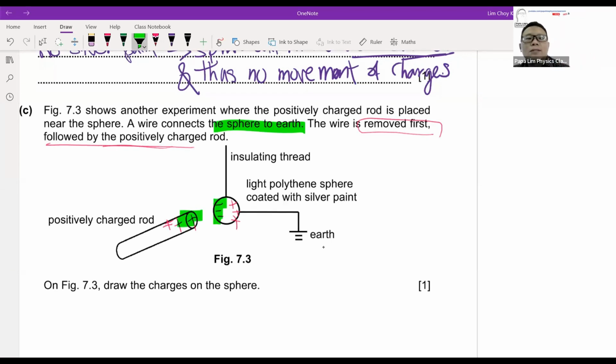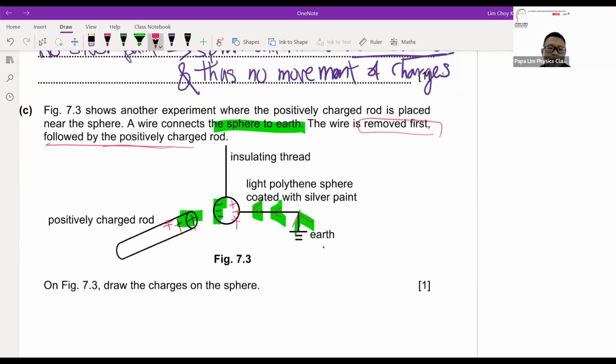So to neutralize means that the electrons will move from the earth wire down to the atoms here. As a result, remember, after that the wire is removed. After it's removed, you only deal with electrons. And the best thing is after the wire is removed, the positive charge is also removed.